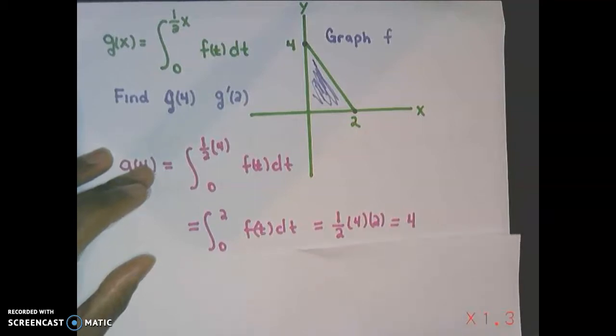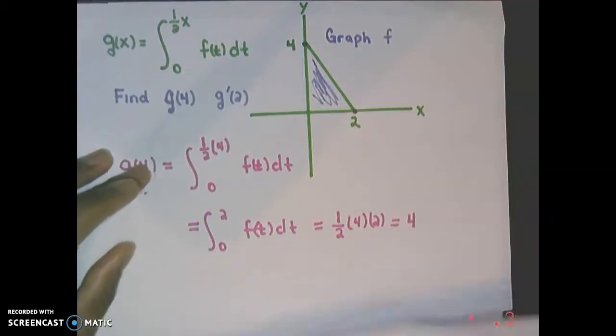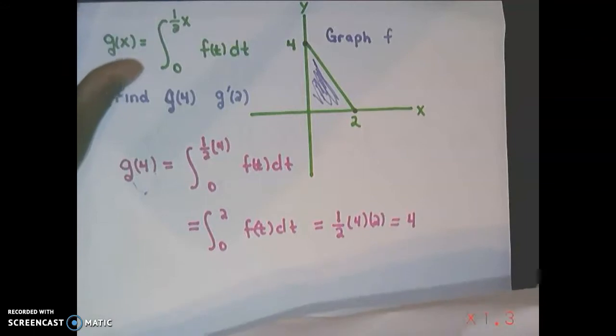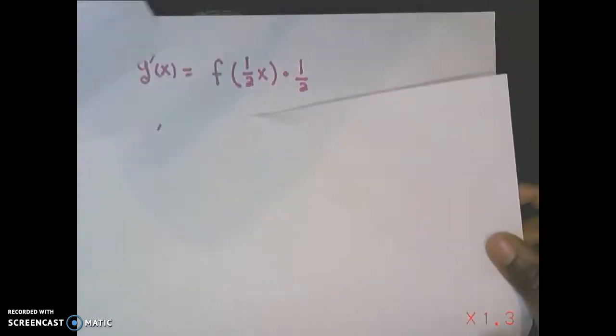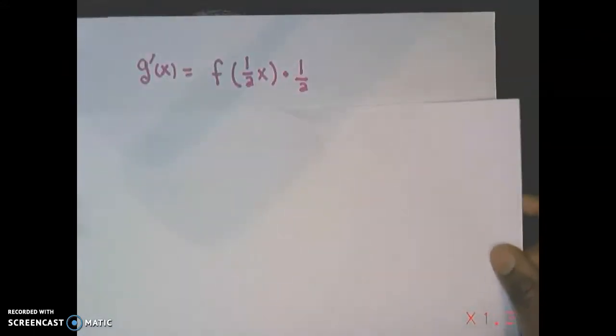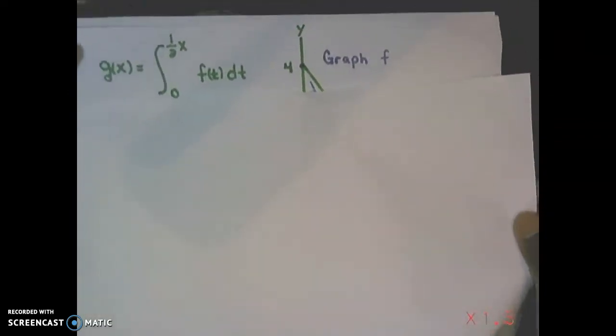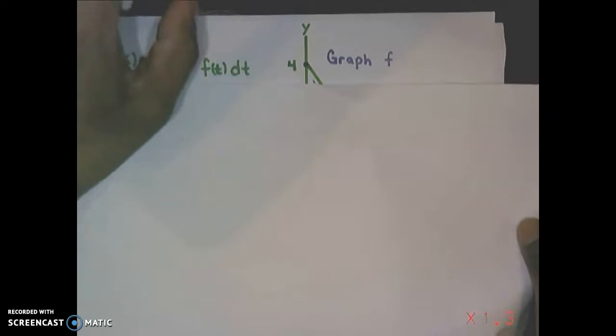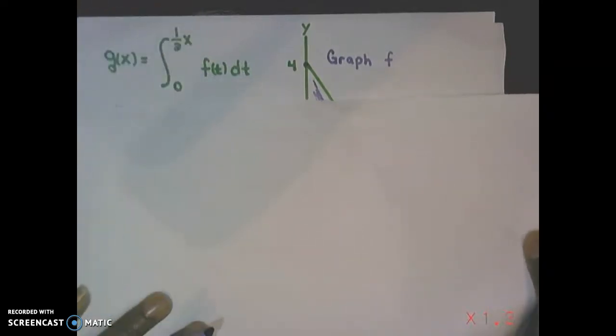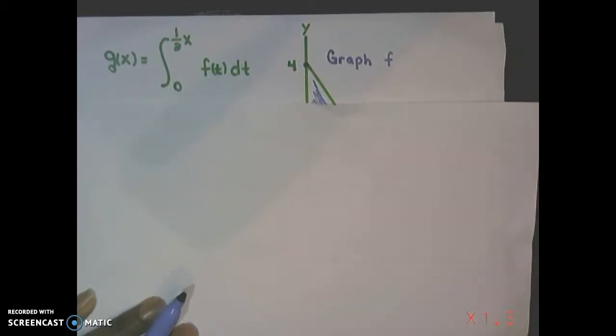And then lastly, we want to find g prime of 2. Since we're finding g prime of 2, we're going to have to find the derivative of this function, right? Since this function is defined by an integral, we're going to have to use the second fundamental theorem of calculus.